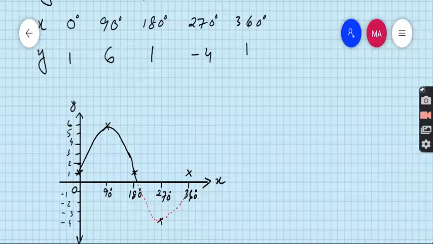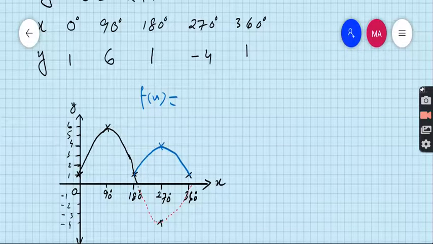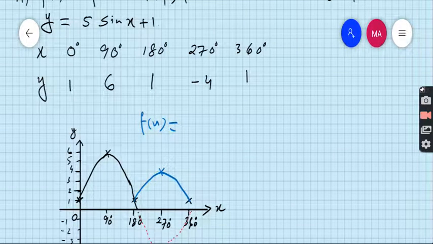The part which is below the x-axis: this 270, minus 4 becomes 270, plus 4. And now reflect this part. Here we go. This is the graph of f(x) equals the absolute value of 5 sin x plus 1.